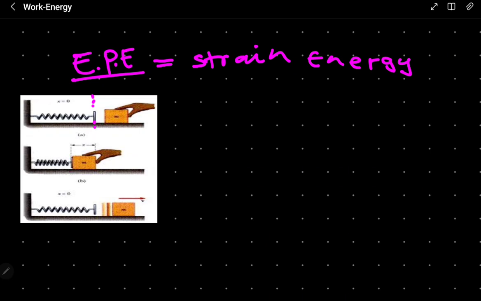You can apply a compressive force to get some change in x, or you can apply an extending force to get the same change in x. So a spring, either compressed or stretched, will possess a form of energy called strain energy or elastic potential energy.